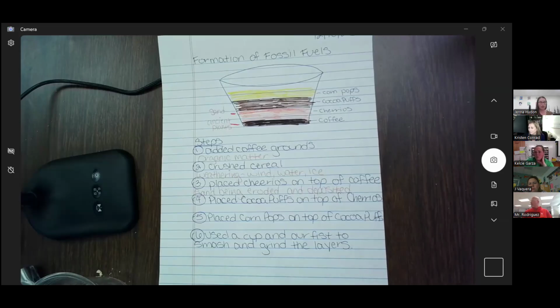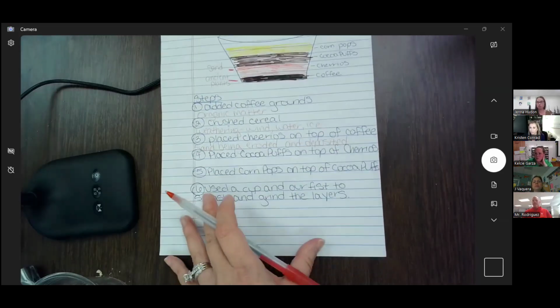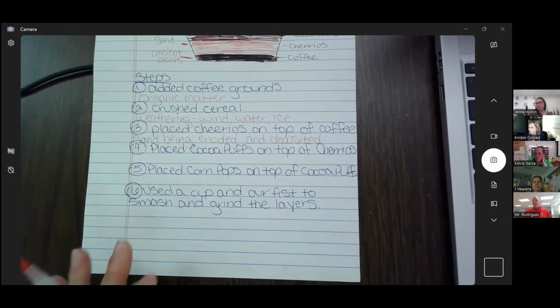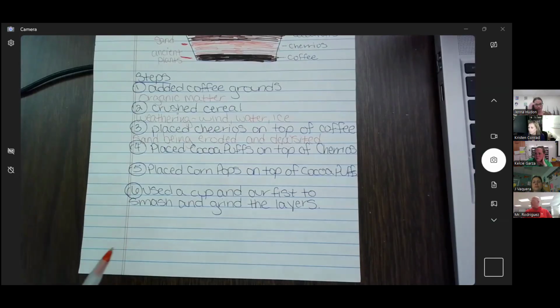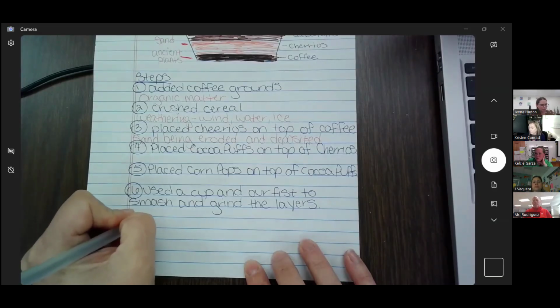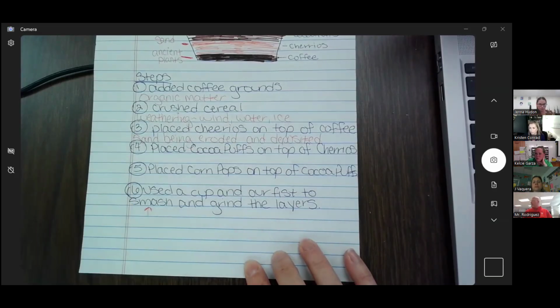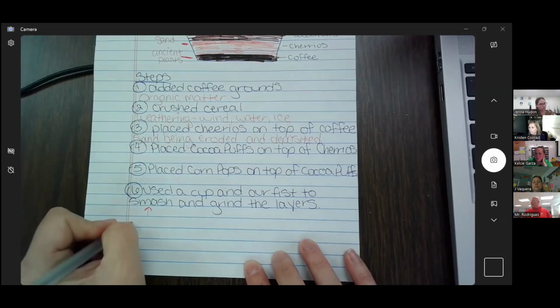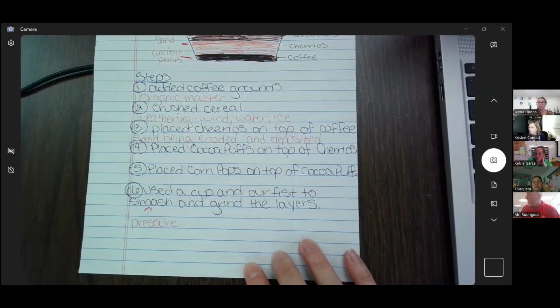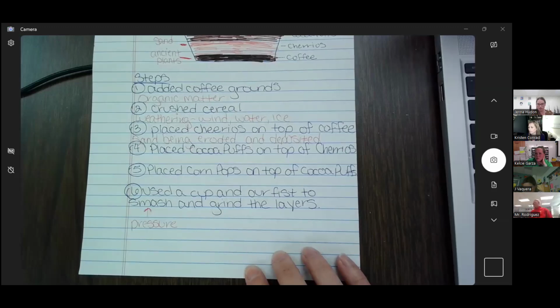So then we used the cup and we smashed and we ground them together. This is again where you reiterate that pressure, right? The smashing, and I might do something like this. The smashing of that is the pressure that occurs because of these layers being built up over time. They're heavy.